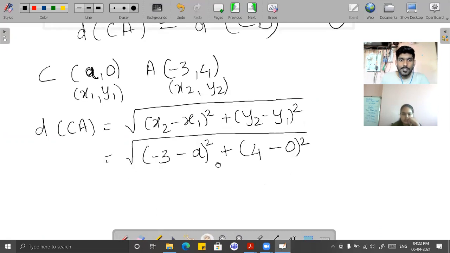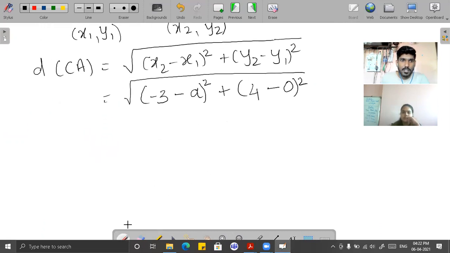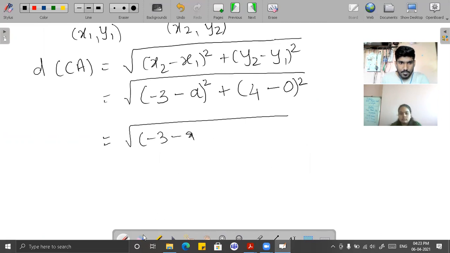Now we need to just simplify it. So this will keep as it is: -3 minus A the whole square plus 4 minus 0, which is 4 itself.